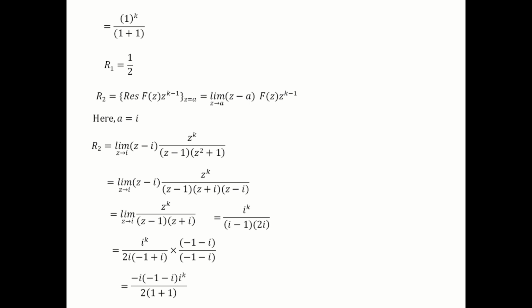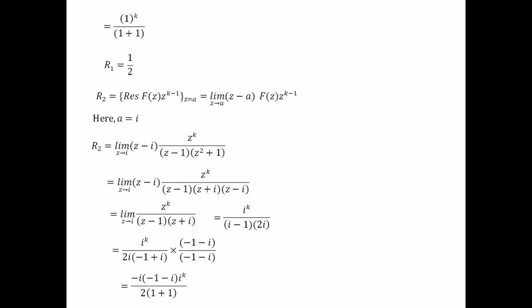Similarly, we have to multiply the numerator by the conjugate of i. What is the conjugate of i? Minus i. So we multiply by minus i and divide by minus i, right?